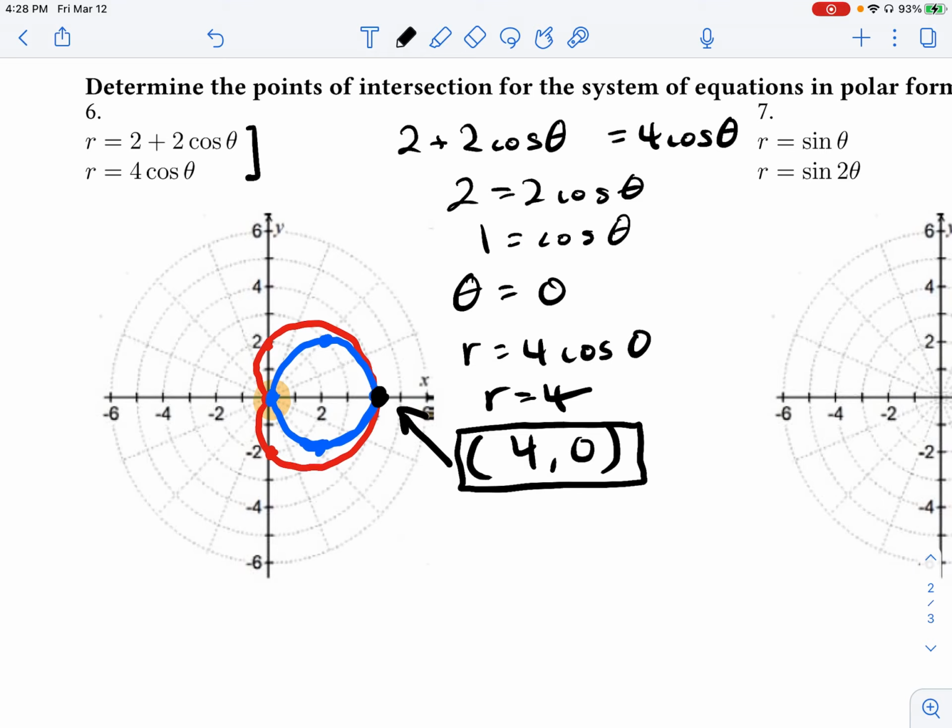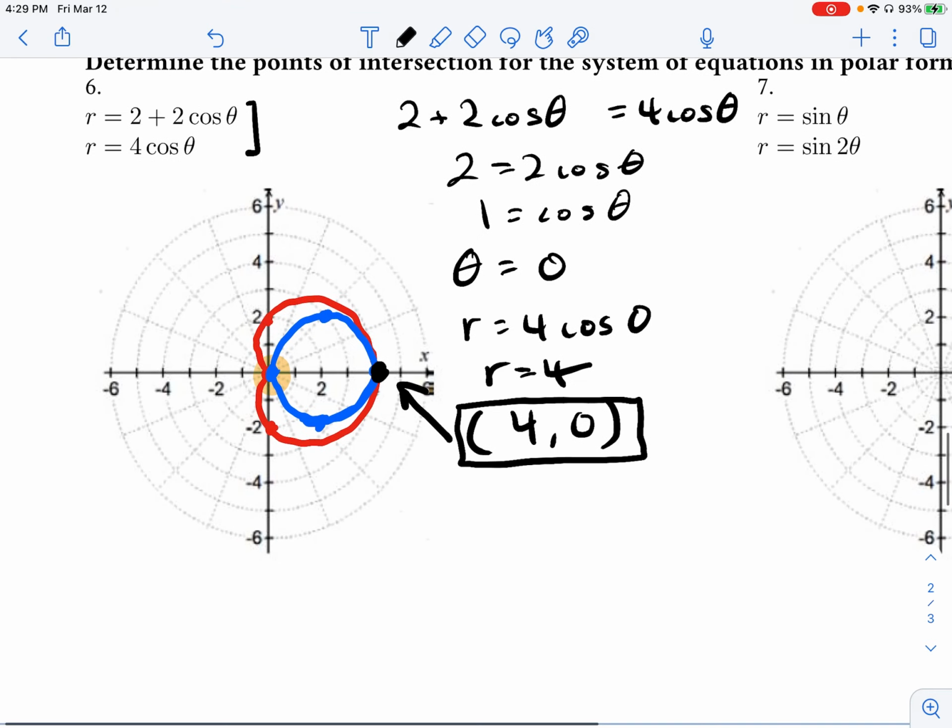So I encourage you to pause the video and think about this for a second. Is that or is that not an actual point of intersection? Now, the answer is it isn't. Why not? Let's break it down. In order for that to be a point of intersection, it has to be an r, theta, a point that works for both equations.